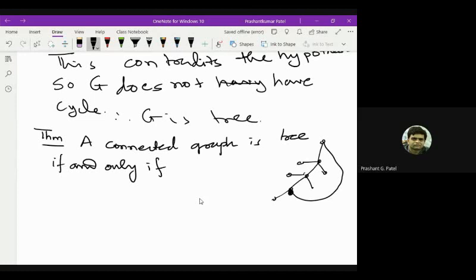It will form one cycle. Yeah, so that is the result.